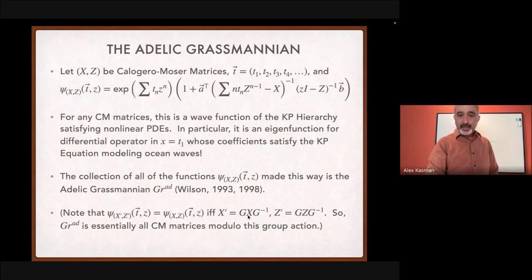If you simultaneously conjugate X and Z by the same invertible matrix G, then you get another Calogero-Moser pair with the same wave function. So I guess the adelic Grassmannian is these Calogero-Moser matrices modulo this group action. You just quotient out by that. That's the adelic Grassmannian.